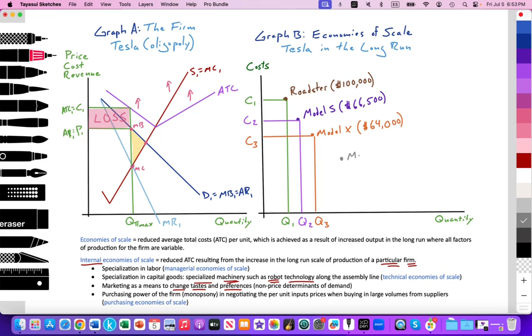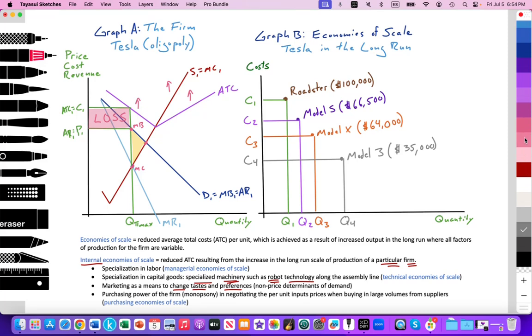We get to the Model 3, and that was priced about $35,000. That price is a reflection of its cost. Lower cost, lower price due to more output. So here we have the cost falling to C4 and output increasing to Q4.